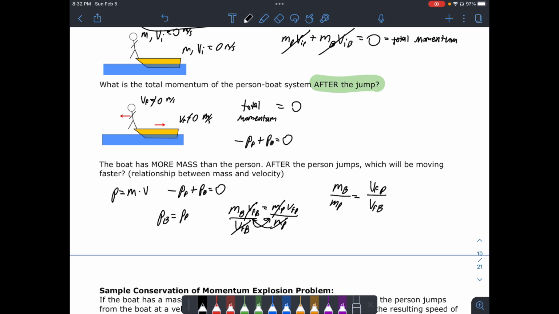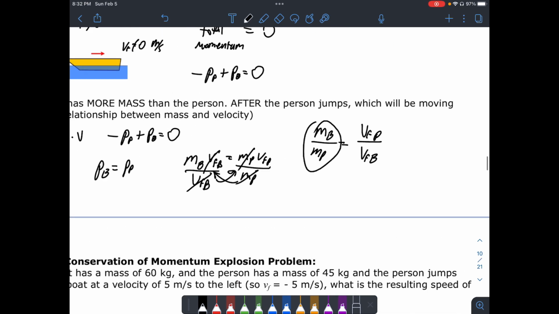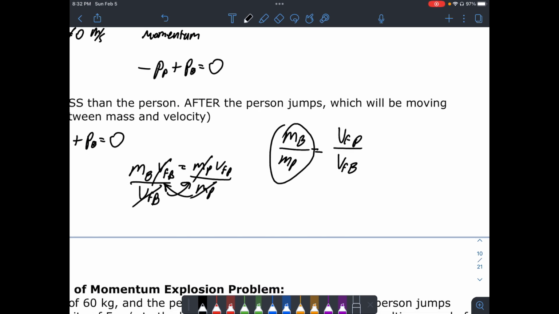Now we know that the boat has more mass than the person, so this side is going to be greater than 1. Or for now, let's just call it top heavy, right? So MB is greater than MP. The mass of our boat is greater than the mass of the person. And then we know that these two ratios are equal, so the velocity of our person must be greater than the velocity of our boat.